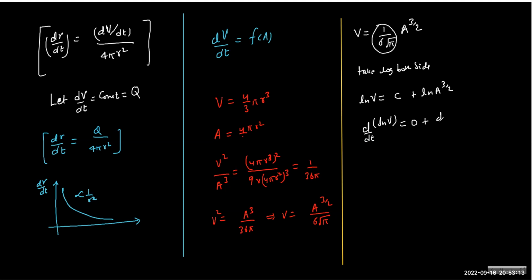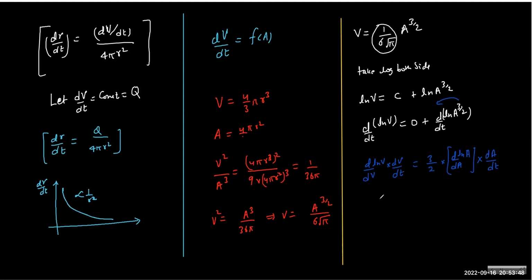Constant will be 0. And ln v we can attach. So first you connect d by dv of ln v into dv by dt, and the power in a log will get multiplied, so you will get rid of the power, and then you can add d by da of ln a into da by dt. That's simple.